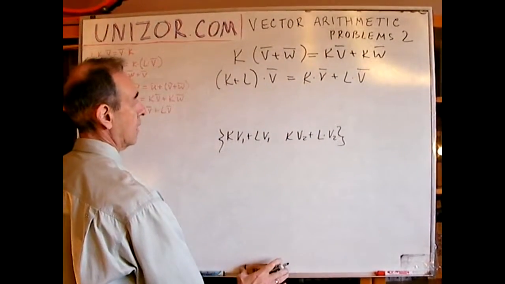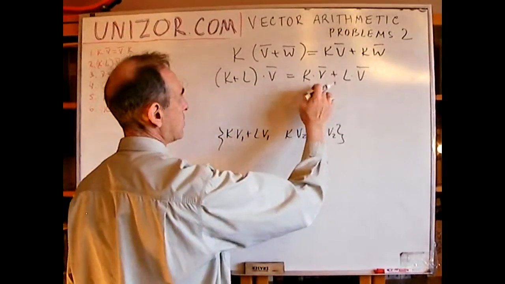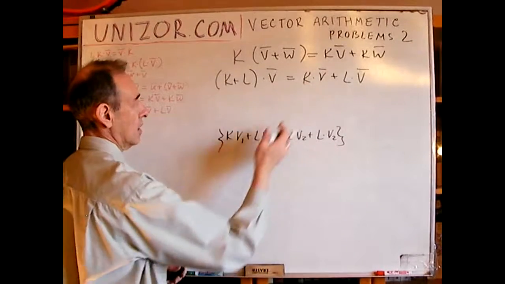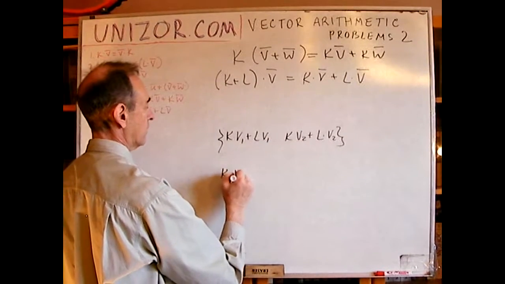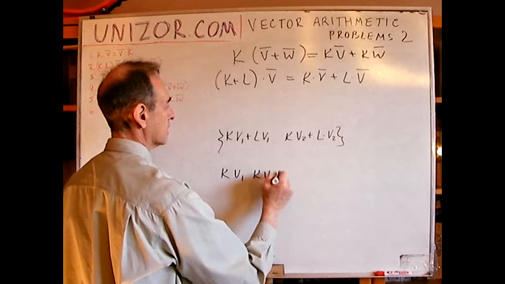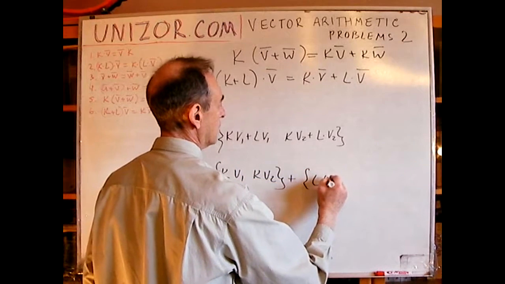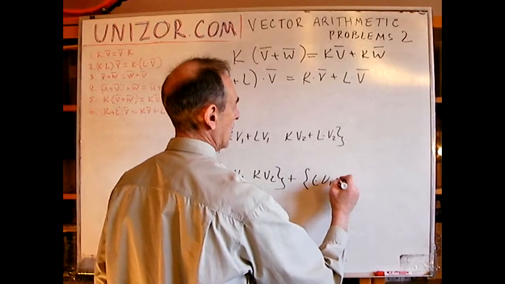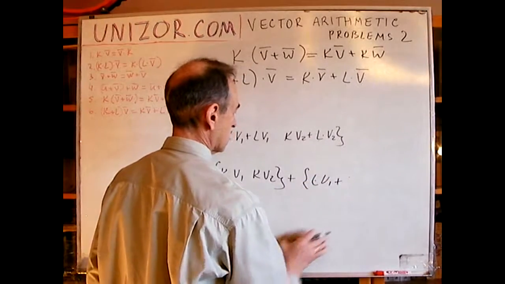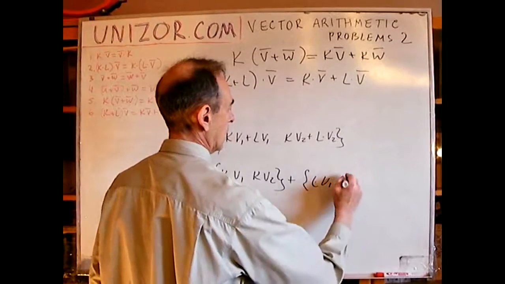Now on the right side. Well, let's multiply constant k by vector v, and we will have kv1, kv2 in the tuple representation, and I have to add lv1, no, not plus, second coordinate, lv2.